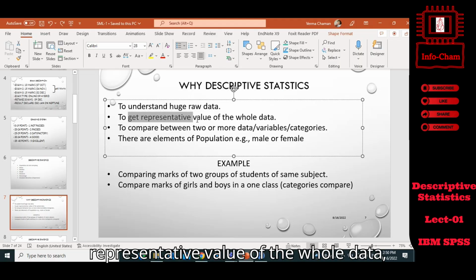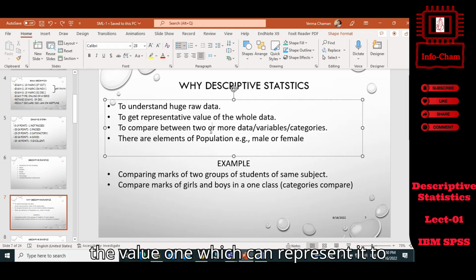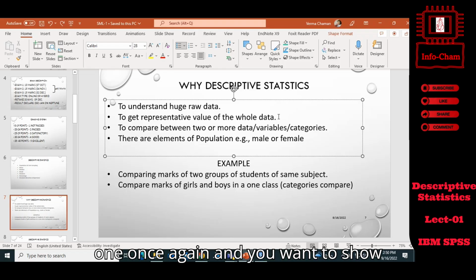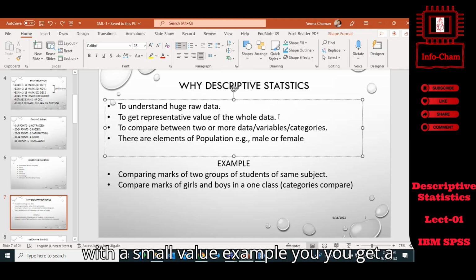Okay, to get a representative value of the whole data, one value which can represent your whole data. For example, you have 1000 people once again, and you want to show it with a small value. You take 100 people to test your data.